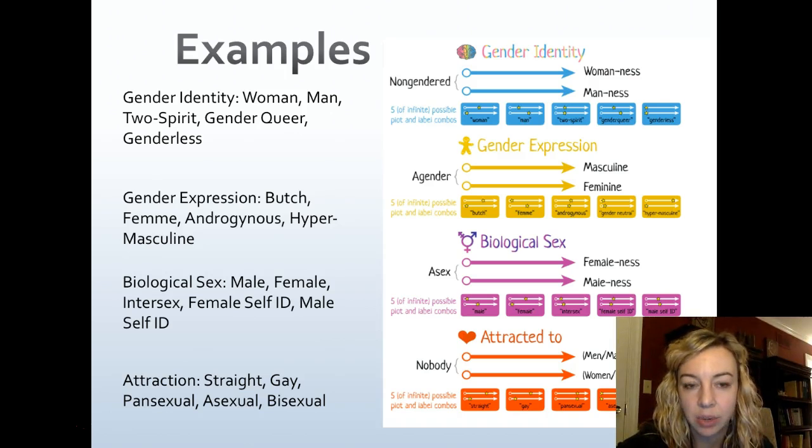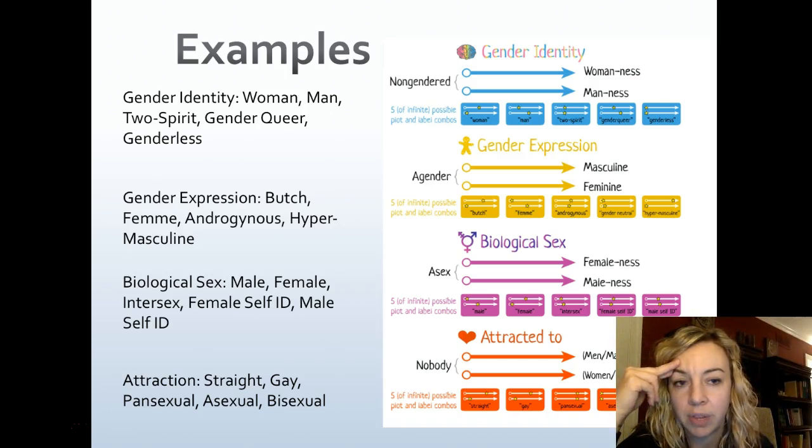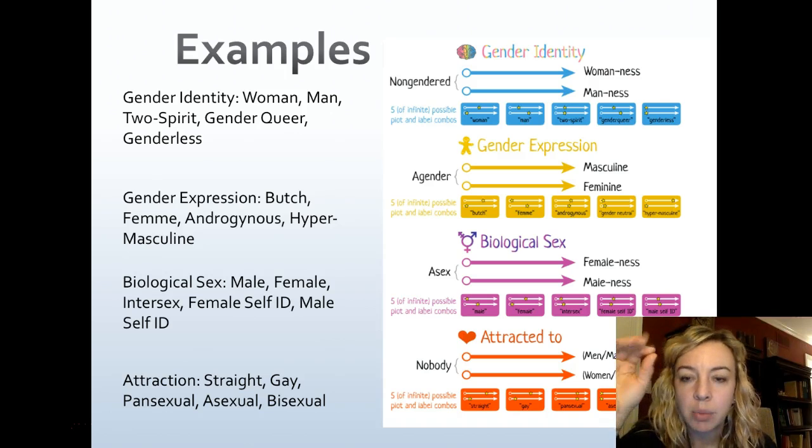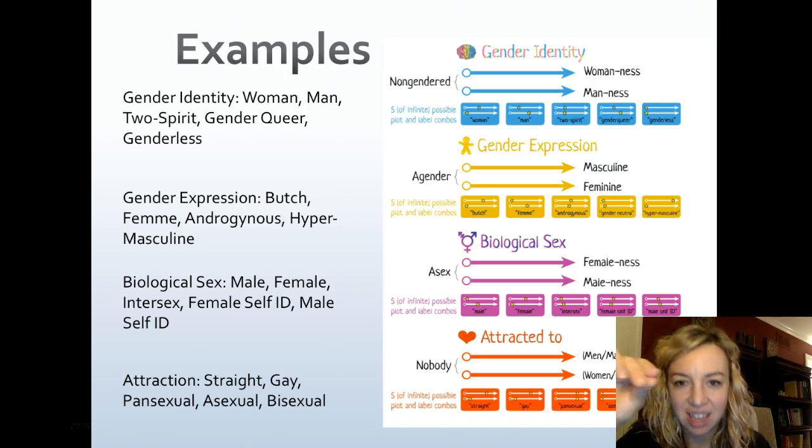All right. So here's a bunch of examples because these can be mixed up in all kinds of different ways. And next week, we're going to talk about sexual orientation. That's going to be another piece of this. But for example, gender identity, if you look at the figure at the top, someone's womanness is on a continuum, manness is on a continuum.